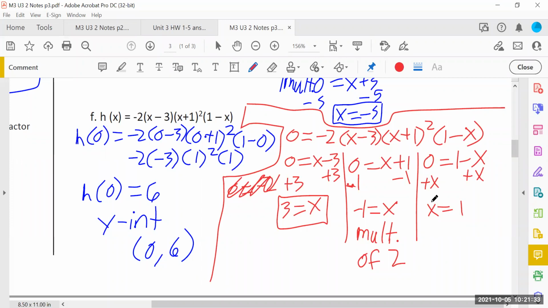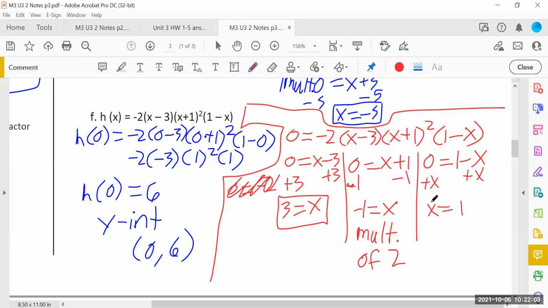When we say distinct x-intercepts, it's just how many are there that are unique. If they ask for zeros or roots, you're going to include duplicates, okay? So this one, while it only has 3 distinct x-intercepts, it has 4 zeros or roots because of that duplicate. Does that make sense to everybody? I can't graph the duplicate. I can't put 2 points there, but it still counts as 2 when we talk about zeros or roots.